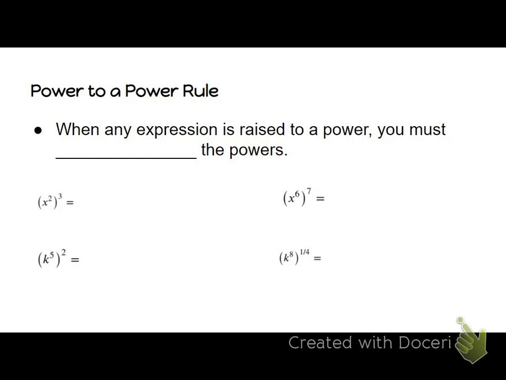Okay. Now we're looking at the power to power rule. When any expression is raised to a power, you must multiply the powers. So if I'm looking at this expression and it's raised to a power, what am I going to have to do with these two? Multiply. Good.